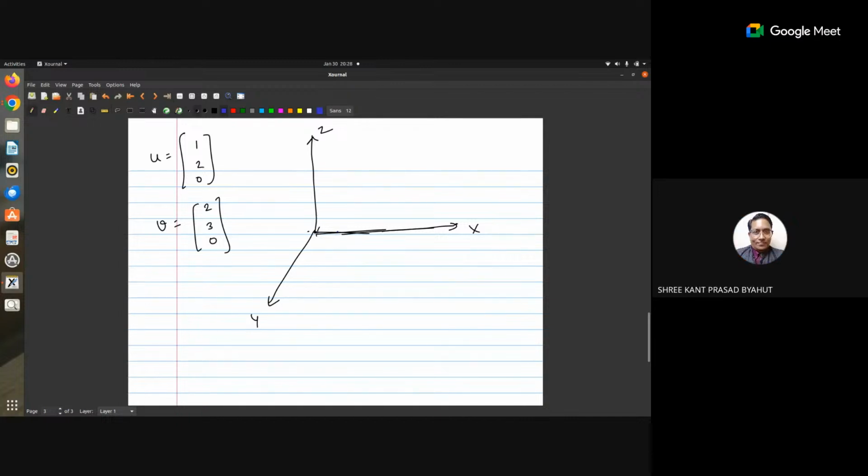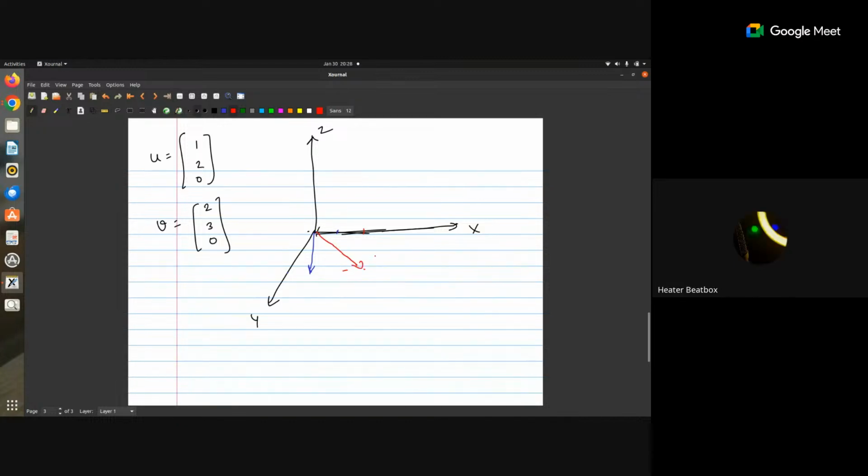When I represent this 1 and 2, this point will be somewhere here in the xy plane. Similarly, where is my 2 3 0? 2 units on the x-axis and 3 units along the y-axis, somewhere here.